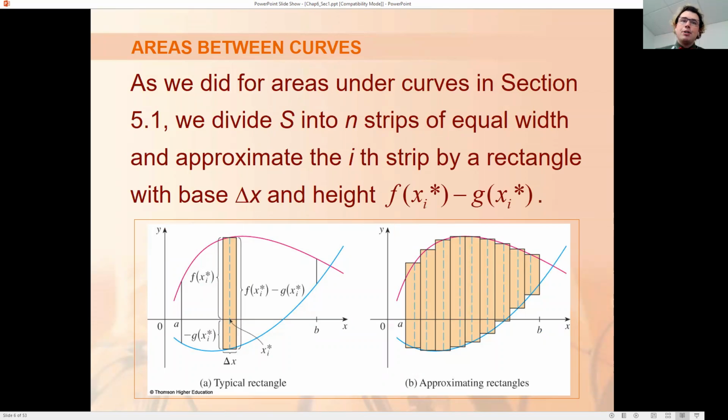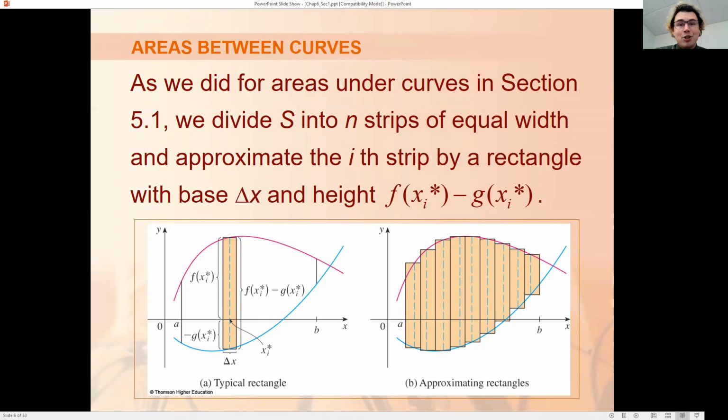Now, if I want to do everything formally, I'm going to set this problem up in the same way that we would have used Riemann sums back in Calculus 1. So the idea is I can't directly compute the area, but I'm going to fill that area up with rectangles.